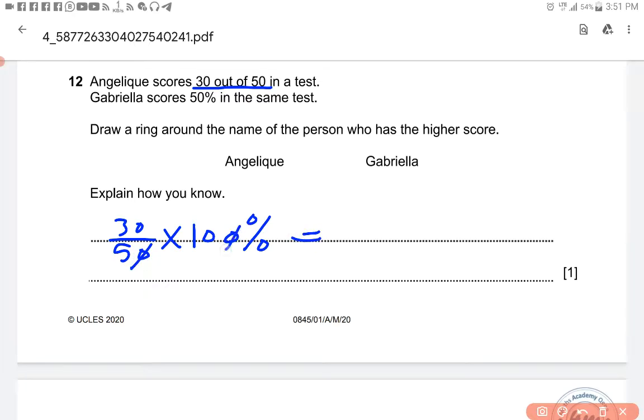Cancel the 0 with the 0, then divide 5 by 5 and 10 divided by 5, it will be 2. 2 times 30 equals 60%. 60% is more than 50, so this one is greater.